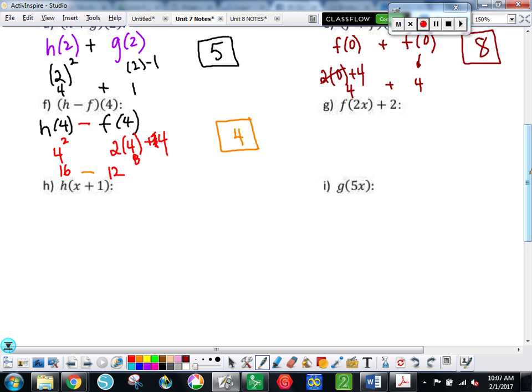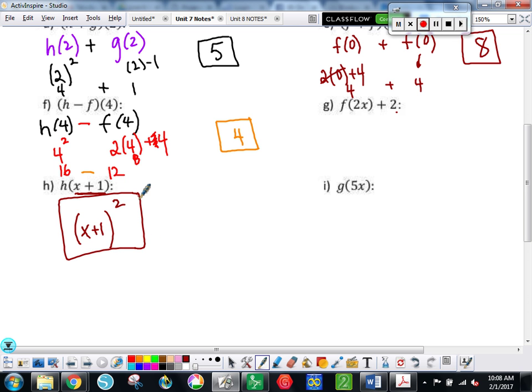How is part G different than even those ones? Because the n variable. That plus 2 is at the very end. What about part H? Is this one a little bit different? Not really. On part H, what's the H function? X squared. So if this is my input, the H function looks like this, and what do I put into it? X plus 1. Good. I honestly don't care if you leave it like that.